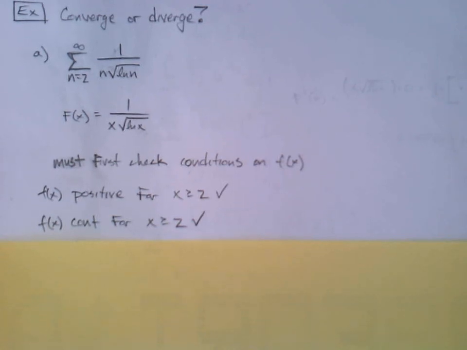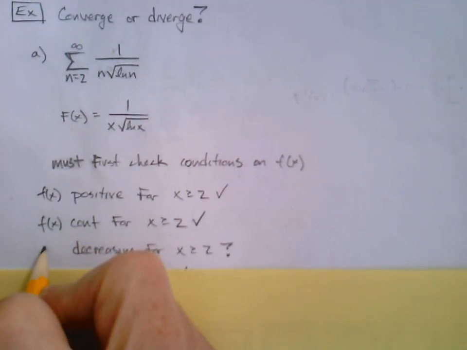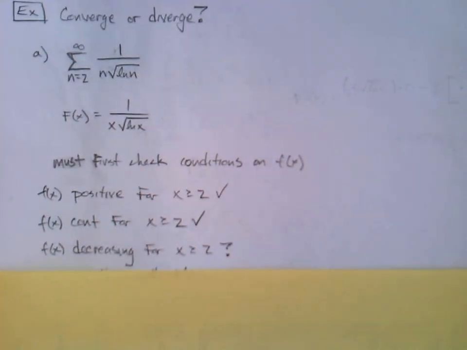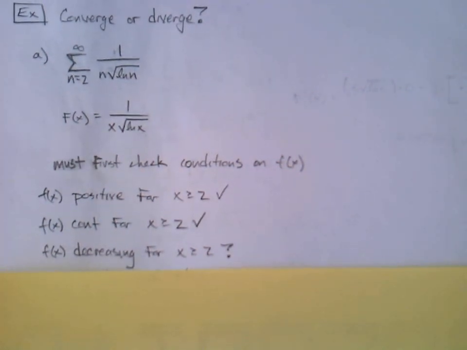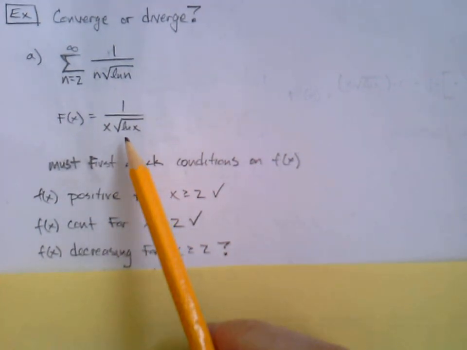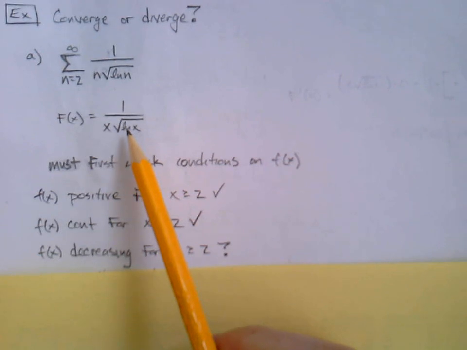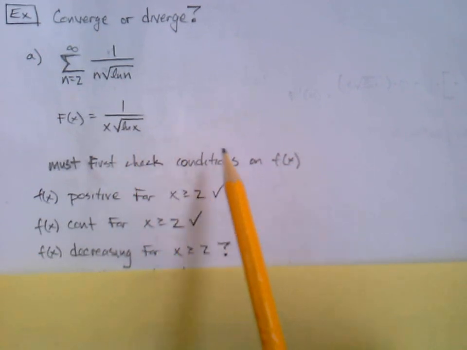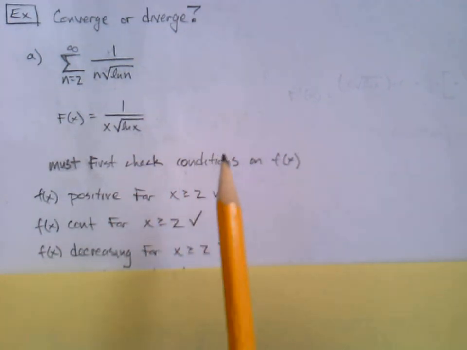Okay, now the last one is, is f of x decreasing for x greater than or equal to 2? That's a more difficult question. I can tell that it's always going to be positive, but is it always getting smaller? That's a little bit more difficult. So that's going to take a little bit more work.